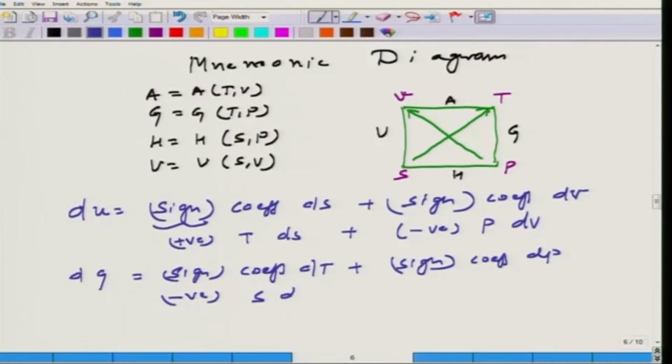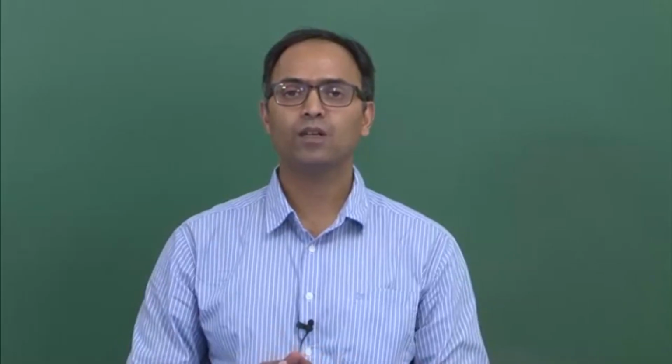The coefficient is S, and the sign is positive, and the coefficient is V. So that's how you will get minus S dT plus V dP. So this is one way of getting these four Maxwell relations which connect different variables.